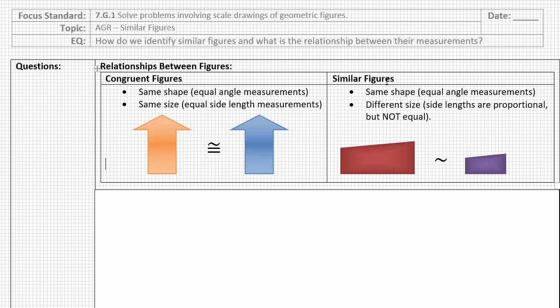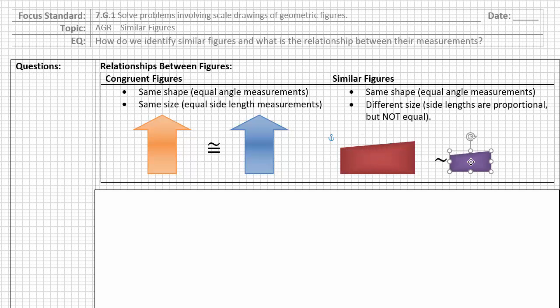Similar figures, on the other hand, do have the same shape, but they are different sizes. Notice these two figures here are similar. If I drag this over, you can see that I can line this up and notice that their angle measurements are the same size, but their side lengths are not.